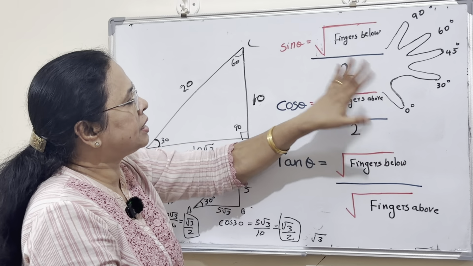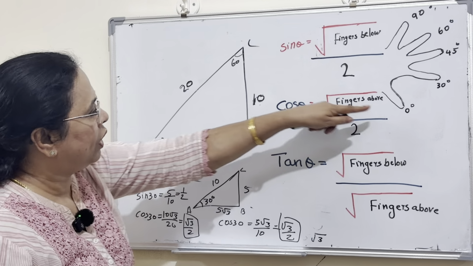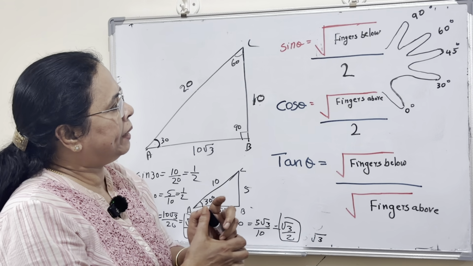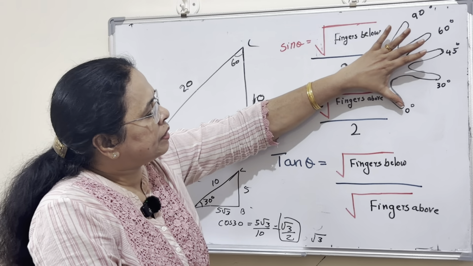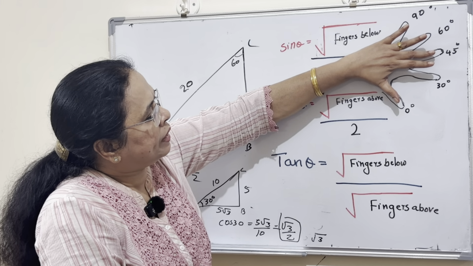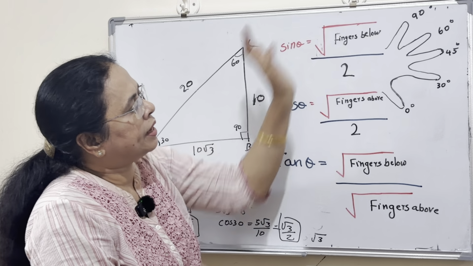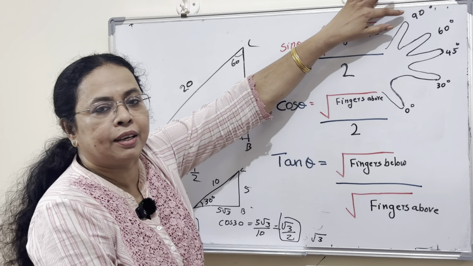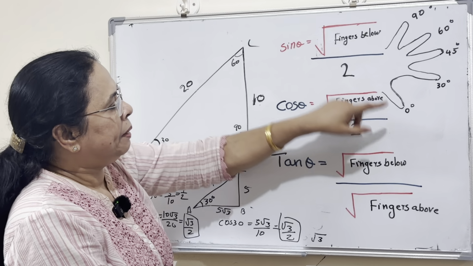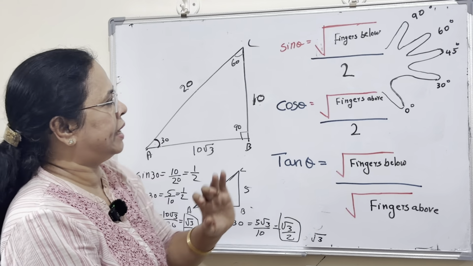If I take 0 degree, can you see any fingers below? No. Also you name the angles: thumb 0 degree, forefinger 30 degree, middle finger 45 degree, ring finger 60 degree and little finger 90 degree. Maximum value for the little finger, minimum value for the thumb, if you are arranging like this.